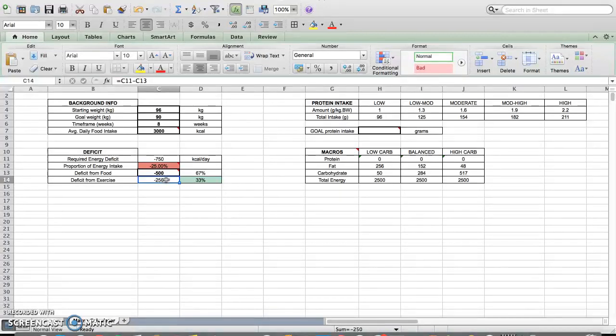Now, when you're using the tracking challenge, like we are in this situation, basically what we're assuming is that everything that you're doing that got you to that energy balance, you're going to keep doing. So these are all changes that need to be made on top of what you're currently doing.